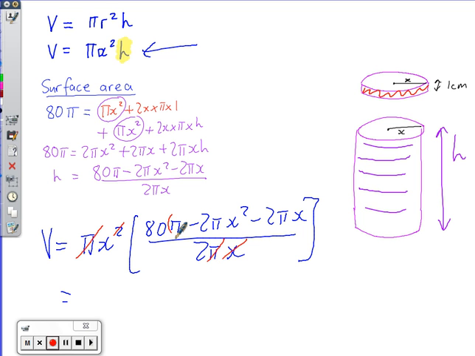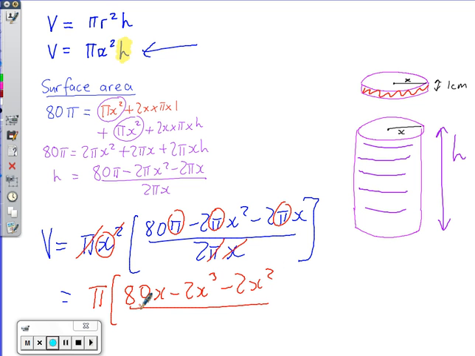We're going to take the pi out of every term because the question wants us to have pi outside the bracket. So we're going to take that out. And then inside we're going to multiply by this x here. So we're going to end up with 80x minus 2x cubed minus 2x squared, all over 2, those brackets.